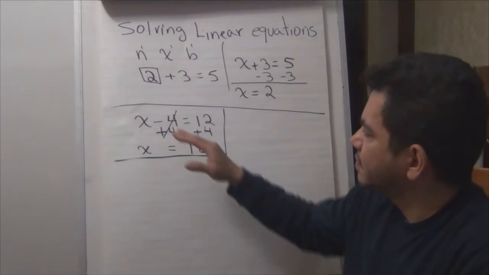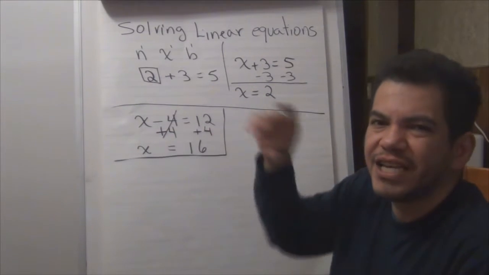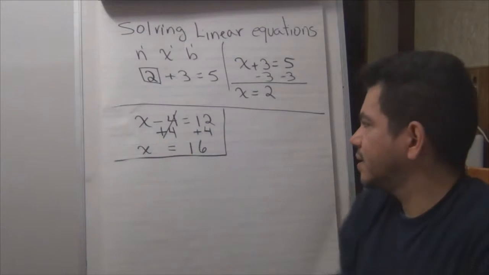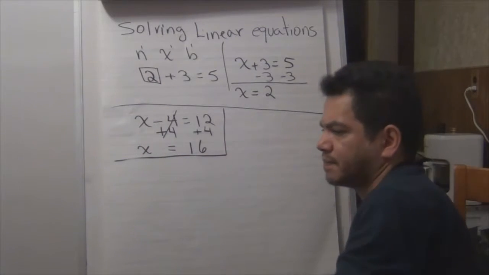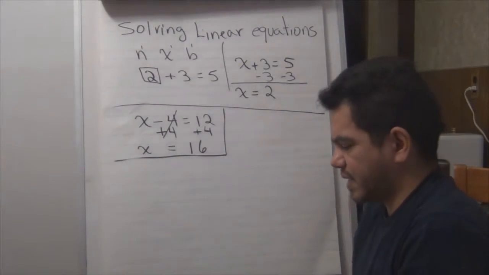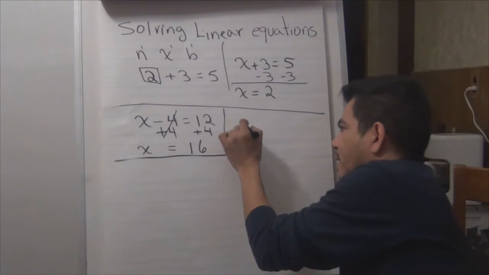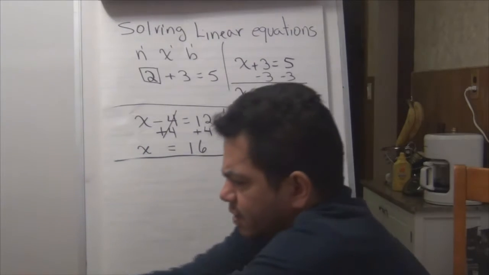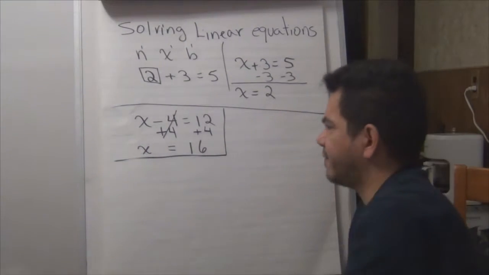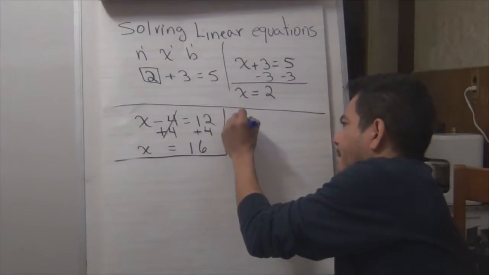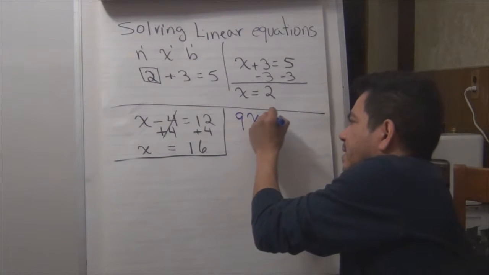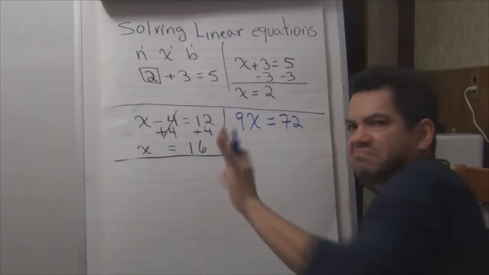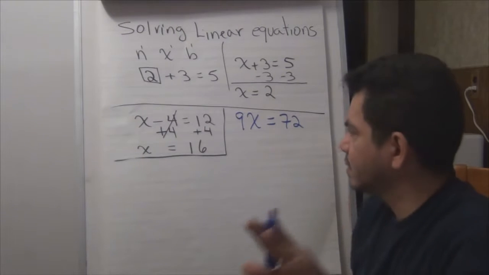So every time you have something like an addition or subtraction, it's just a one-step thing. Like for example, let's see if I have something like this. Let me change the color because I want to use a different color. Let's say I have 9x equaling 72. One-step equation.